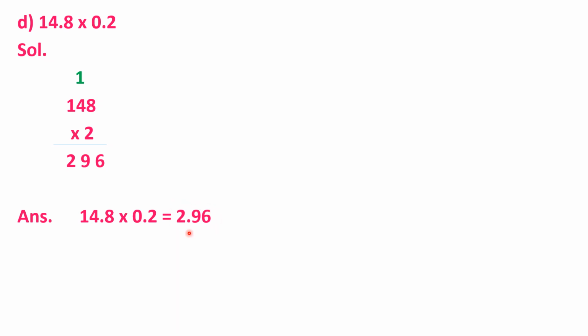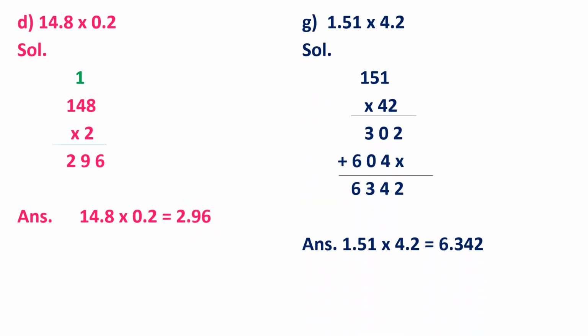Next question is 1.51 into 4.2. Again we will do the same thing. We will remove the decimal and we will multiply both the numbers as we multiply the whole numbers. So 1.51 when we remove the decimal it will become 151, and 4.2 when we remove the decimal it will become 42.